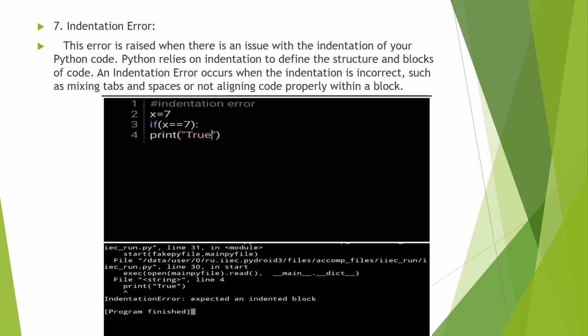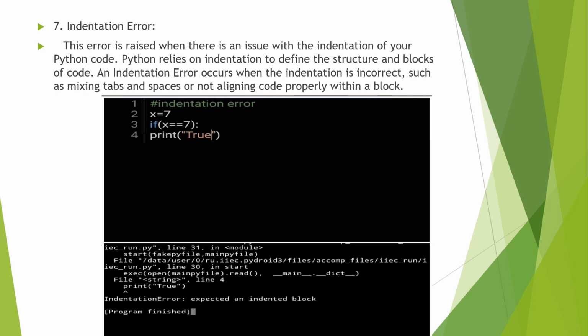And the next type of error is indentation error. As we already discussed, every programming language has its own syntax rules and grammar rules. Indentation is also very important in the Python language. To start a new block of statements, indentation plays a major role. This error is raised when there is an issue with the indentation of your Python code. Python relies on indentation to define the structure and blocks of code.